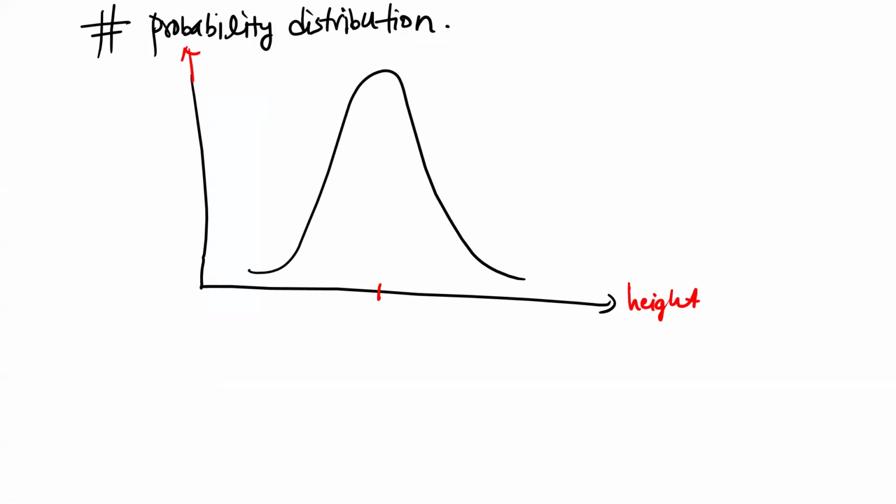This is an example of a probability distribution. The shape is pretty familiar, right? The shape is called what? Bell-shaped, Gaussian, normal. So it's called a normal distribution. It has like 5 different names.